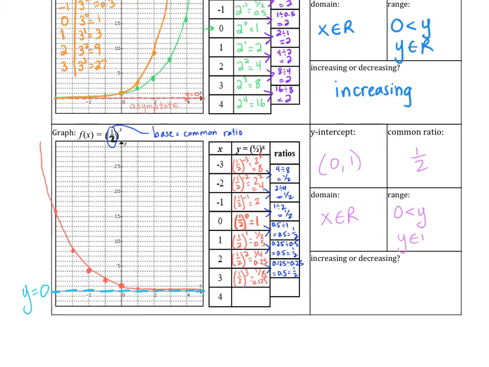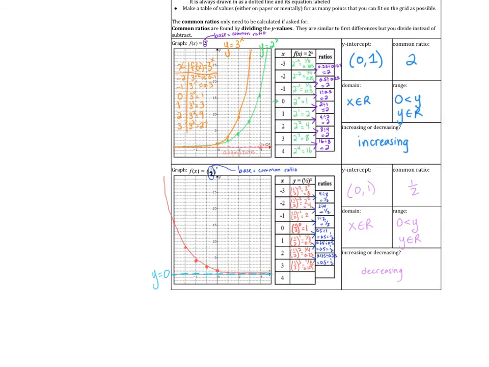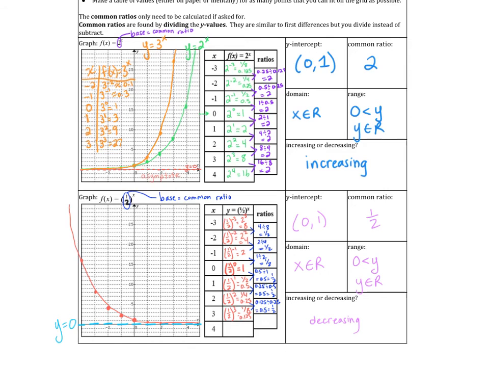So y ∈ R, and this one is decreasing. The difference between these two is when the base is a number that is bigger than 1, then it is an increasing graph. And if your base is less than 1, it's a decreasing graph.